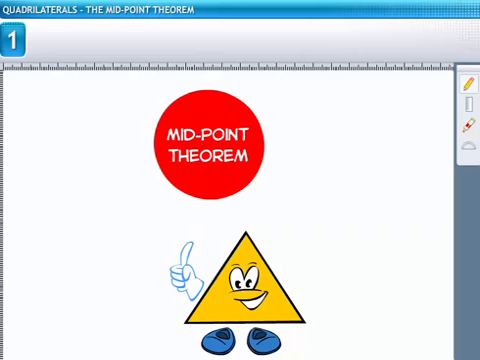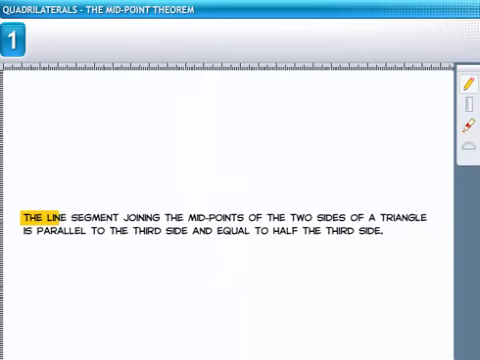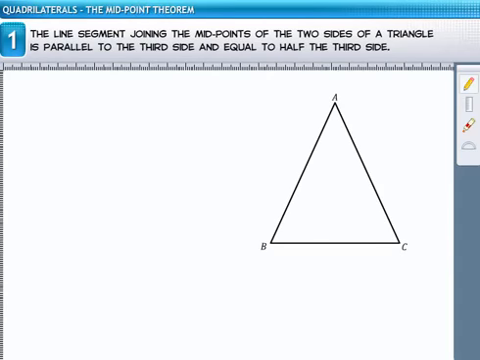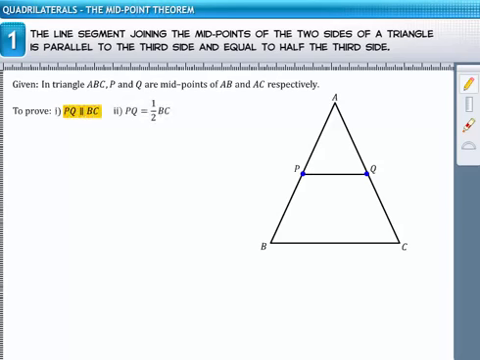Let's prove it. The line segment joining the midpoints of the two sides of a triangle is parallel to the third side and equal to half the third side. Let ABC be the given triangle in which P and Q are midpoints of sides AB and AC respectively. We have to prove that line PQ is parallel to side BC and PQ is half of BC.